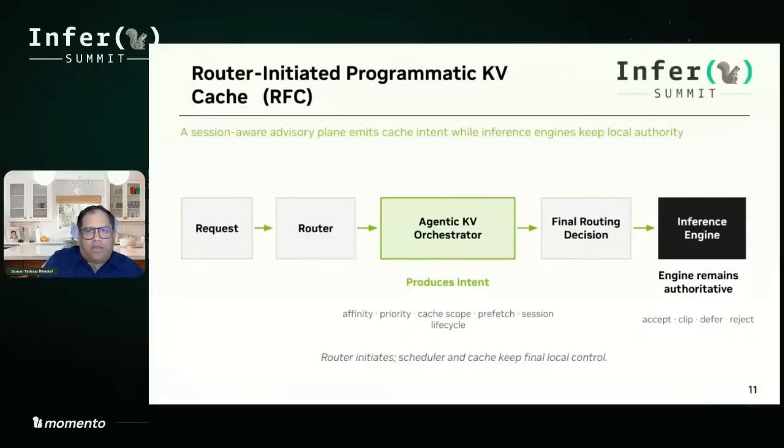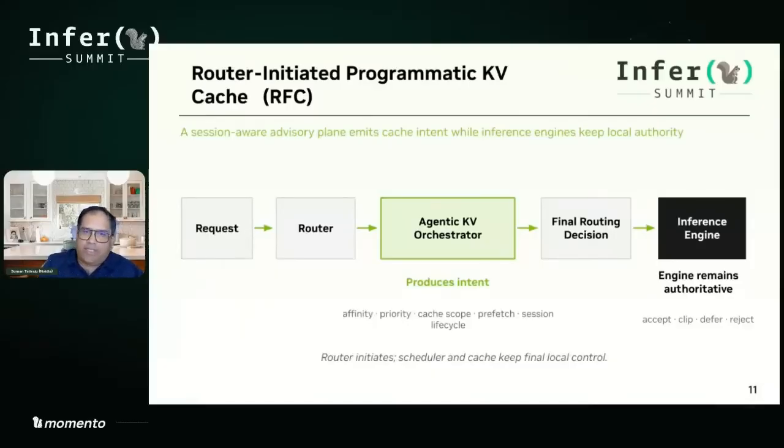The next few slides I'm going to discuss are about the future and the RFCs that we have proposed. We spoke about structure, we spoke about agents, agentic hints. Now we are talking about the next layer of KV cache intents that we can provide to inference engines.